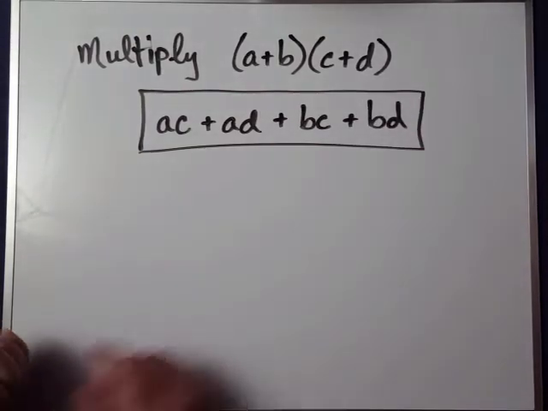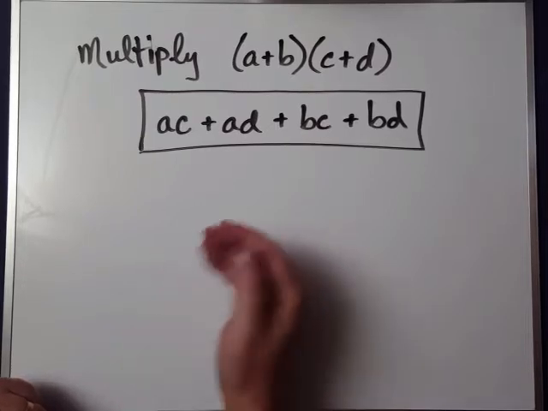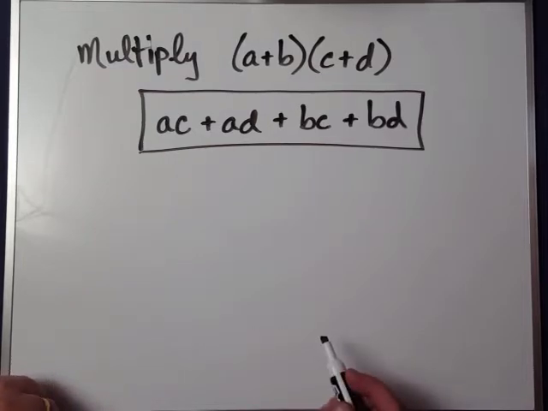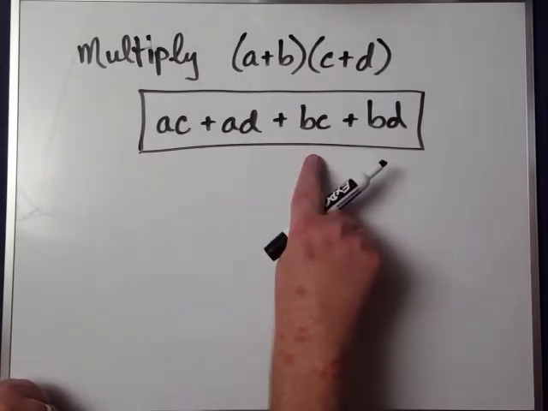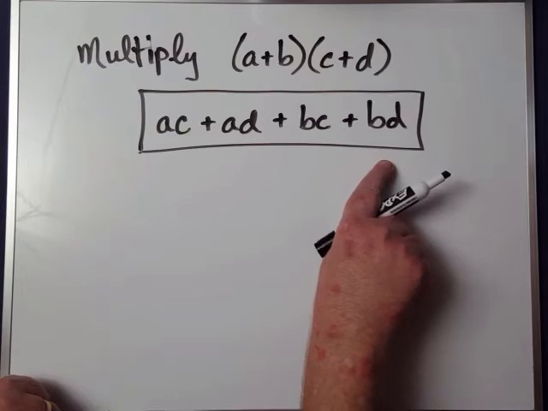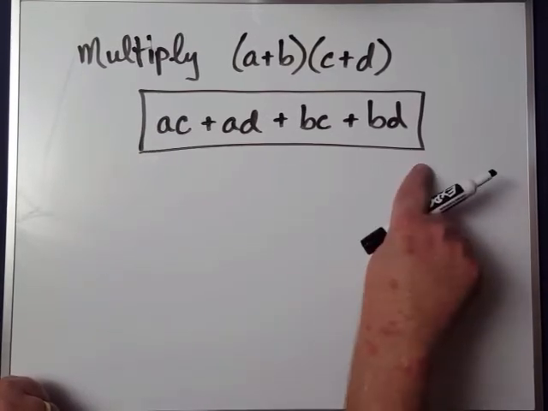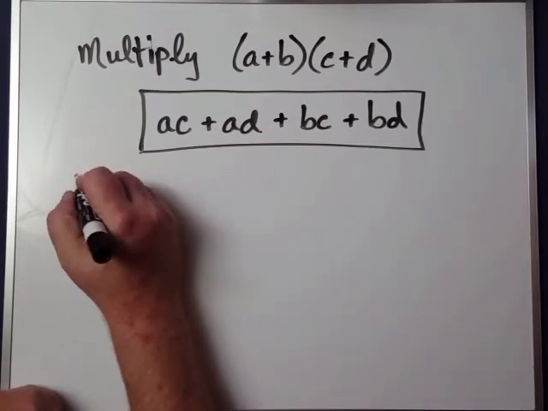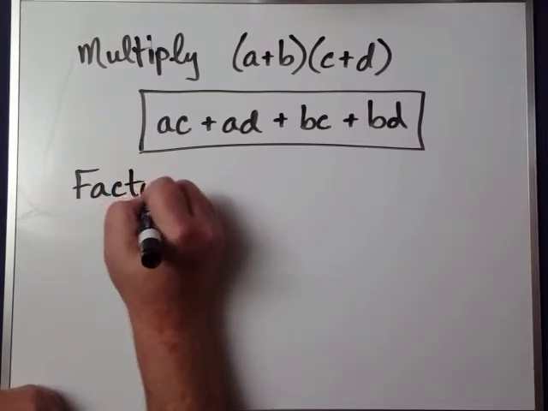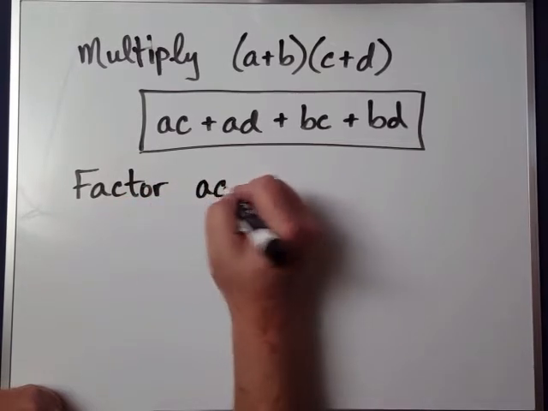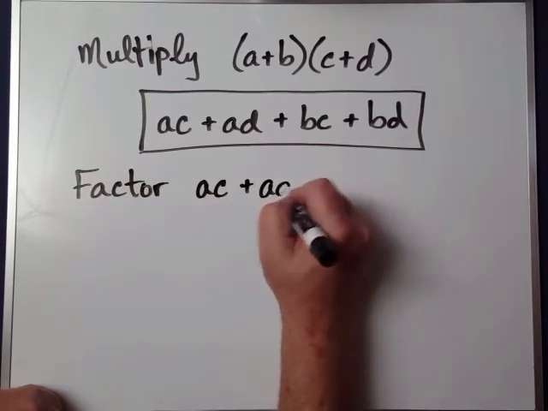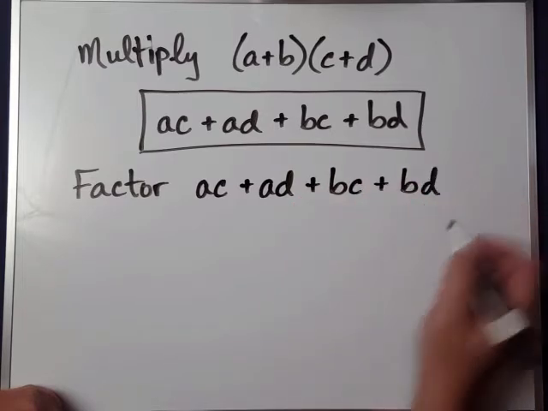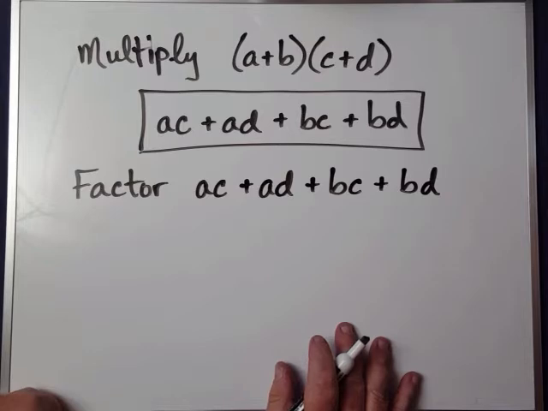Then in the next step, we distributed back into the first blue one and back into the second blue one until we had all 4 terms, and then we recognized those came from the first, the outside, the inside, and the last. Well, if I'm going to undo that process, if I'm going to now factor this polynomial of 4 terms, I need to return to that idea of where FOIL came from in the first place.